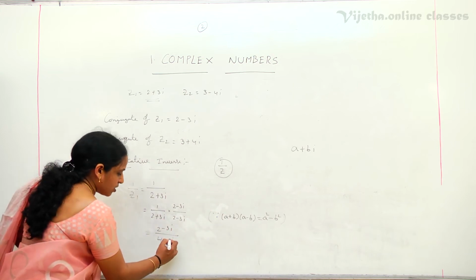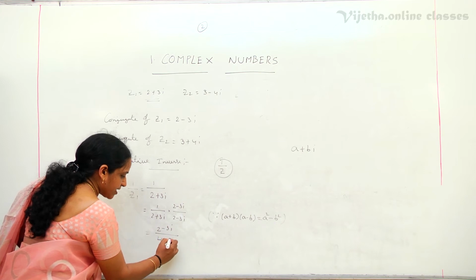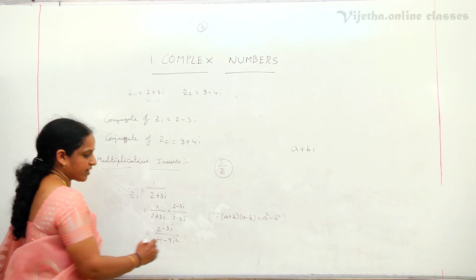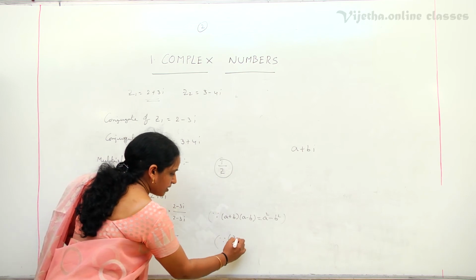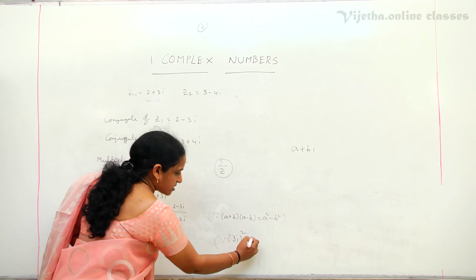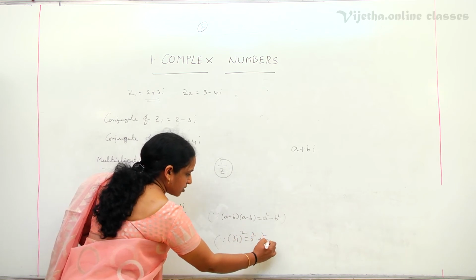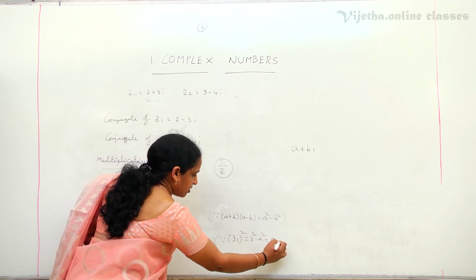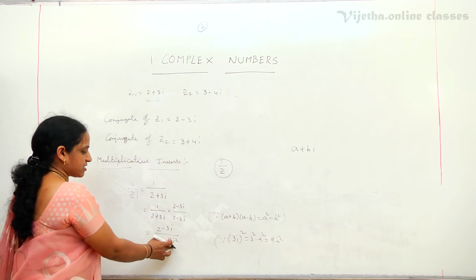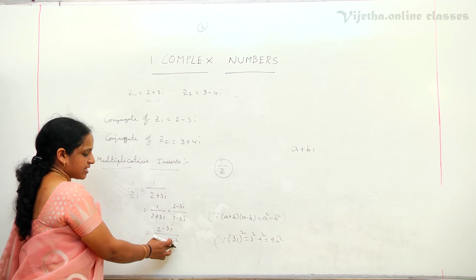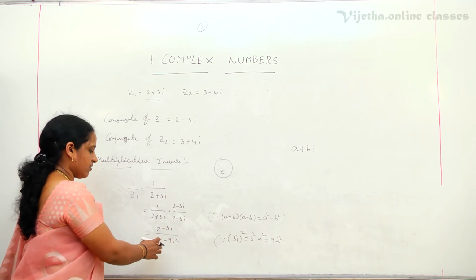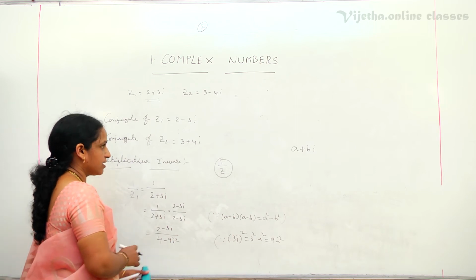So 3i whole square means 3 square into i square, 3 square is 9, so 9 into i square. Again we know i square. What is the value of i square? i square equals minus 1, since the imaginary value i equals root of minus 1.